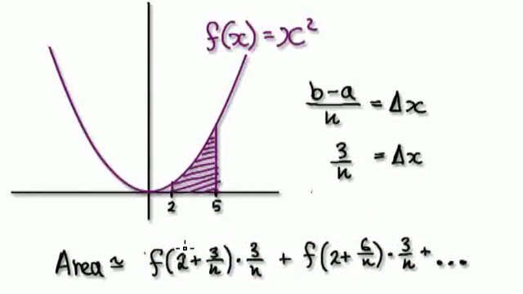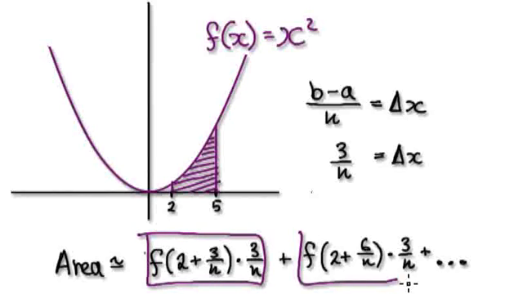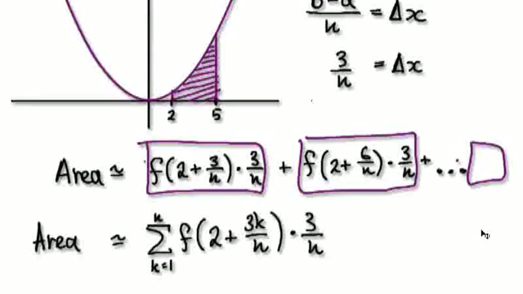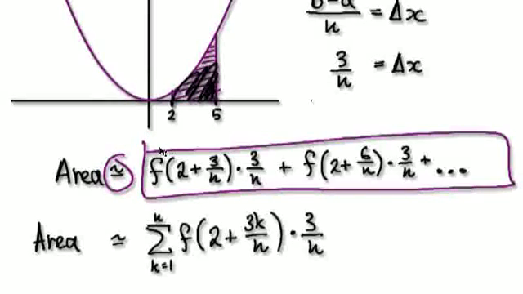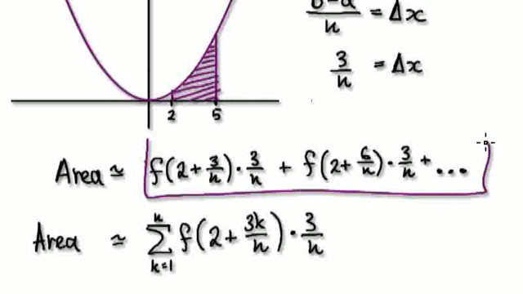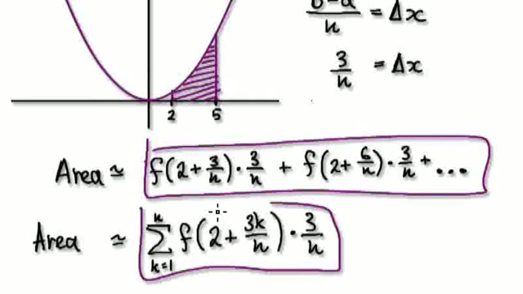So our normal routine would be to add up all the rectangles here, and so on, dot dot dot. So we can say that the area of this whole thing here is approximately the sum of all the rectangles. A neat way of writing this would be this.